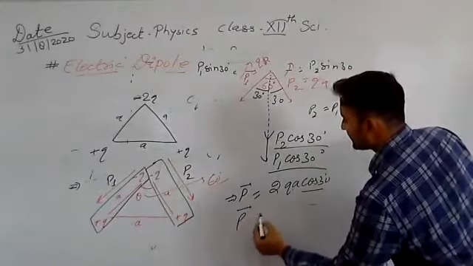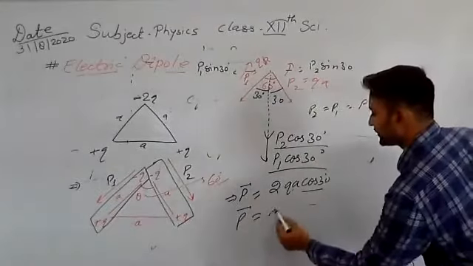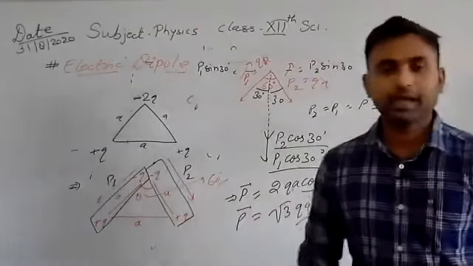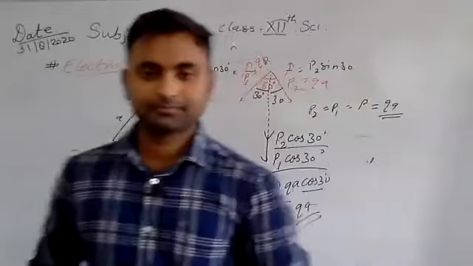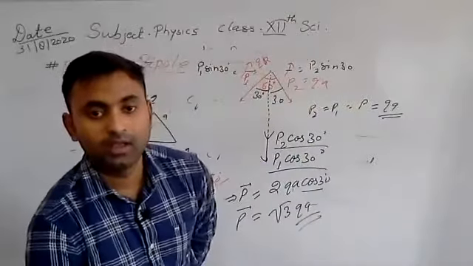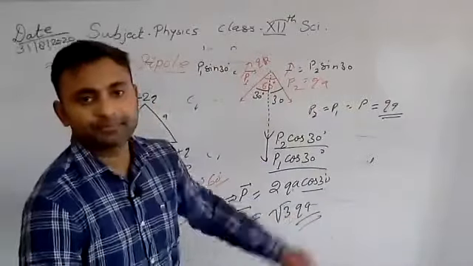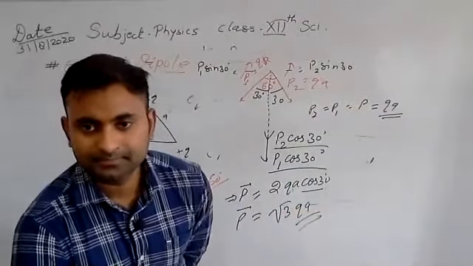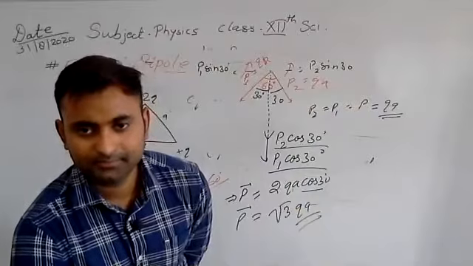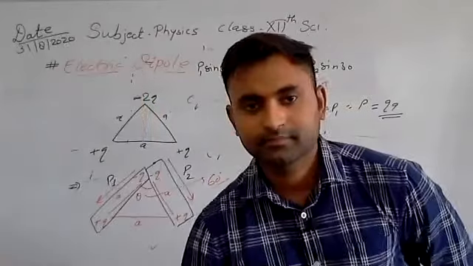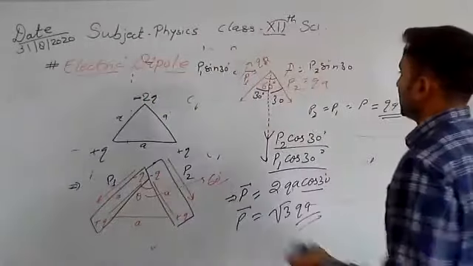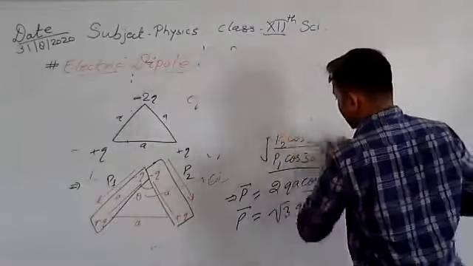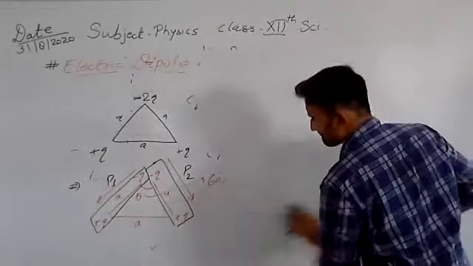So my P vector will be root 3 QA. Any problem till now? Root 3 QA. Clear? Very good. Very good. Let's do one more question then.